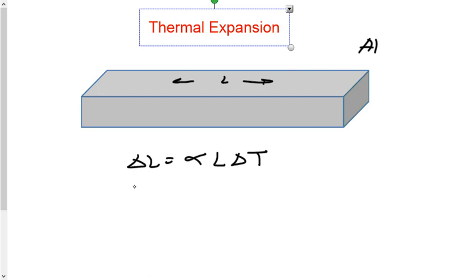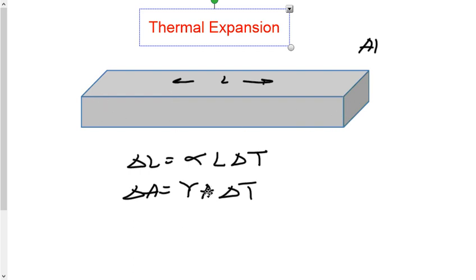Now what about the change in area equation? Change in area is this Greek letter gamma multiplied by beginning area multiplied by change in temperature. So what if I wanted to know the change in area of one side of this? Well, I can just take my length, times my height this time, to get this area.